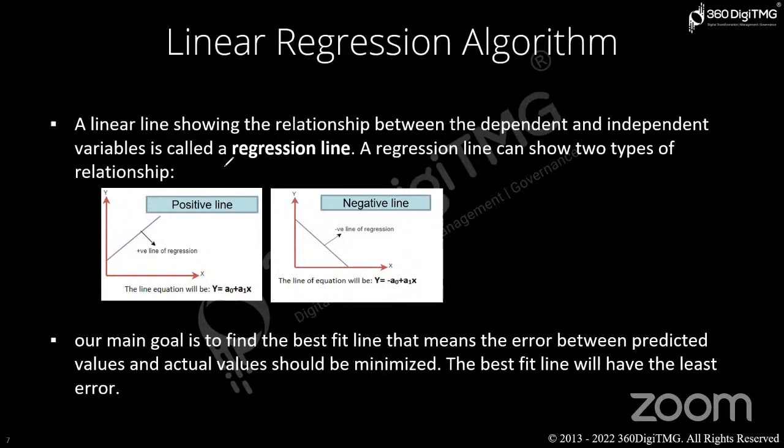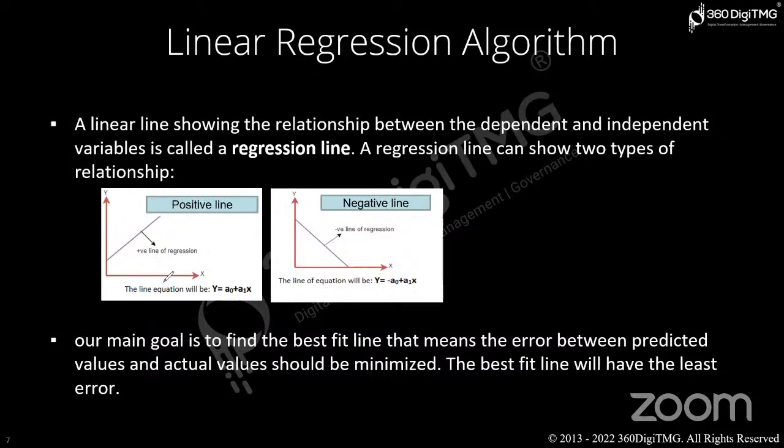So a linear line showing the relationship between the dependent variable and independent variables is called a regression line. A regression line can show two types of relationship, one positive and one negative.